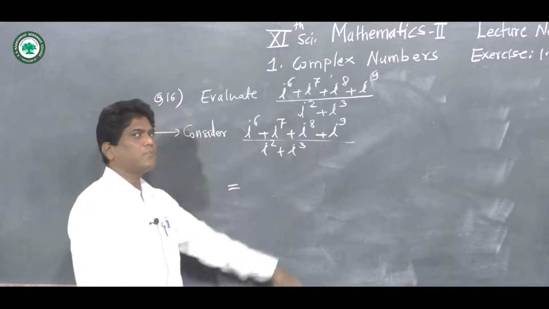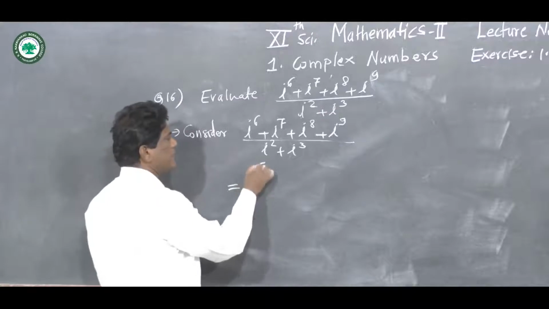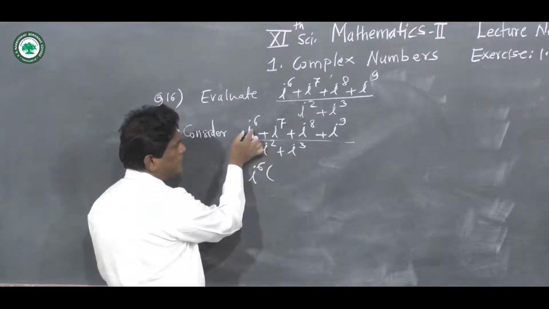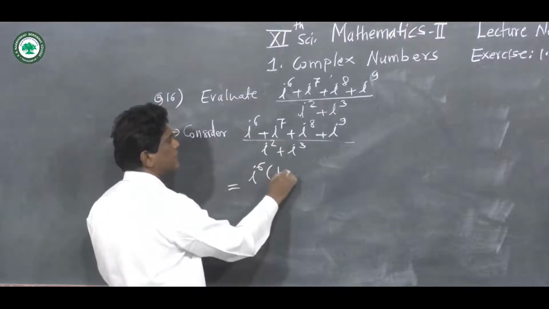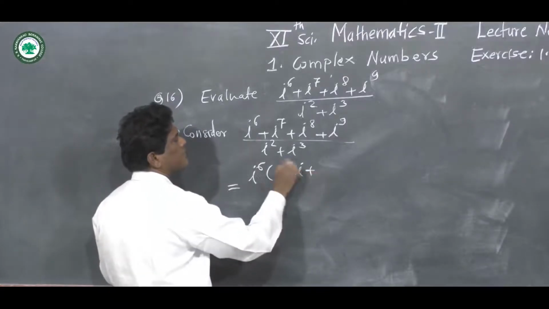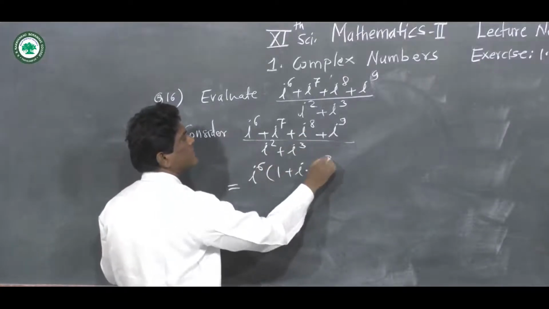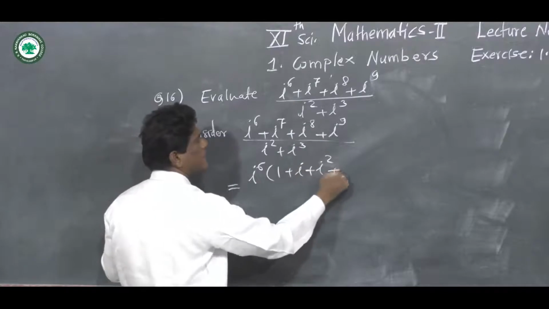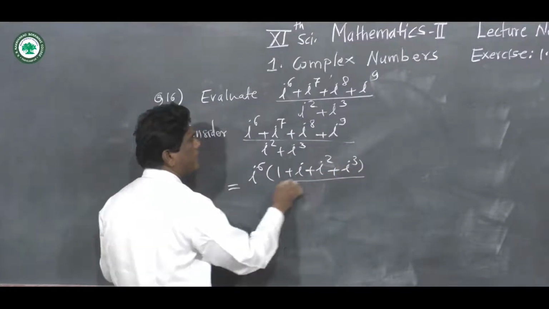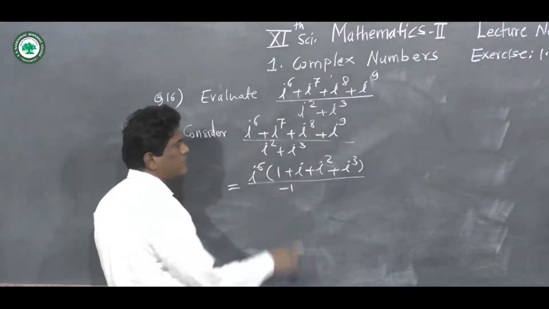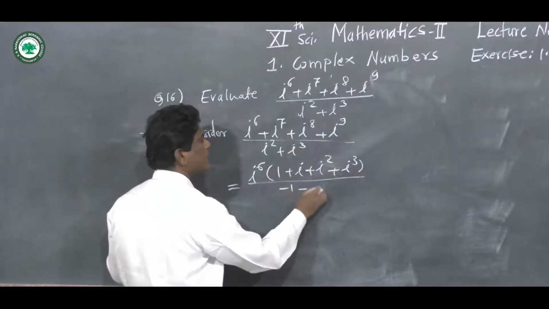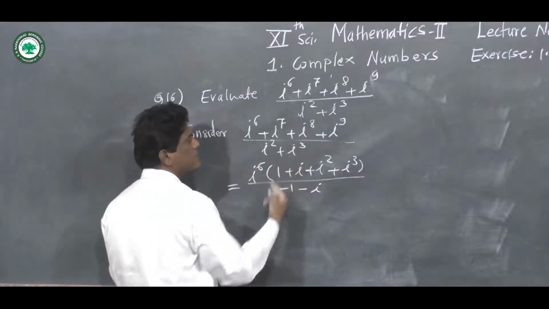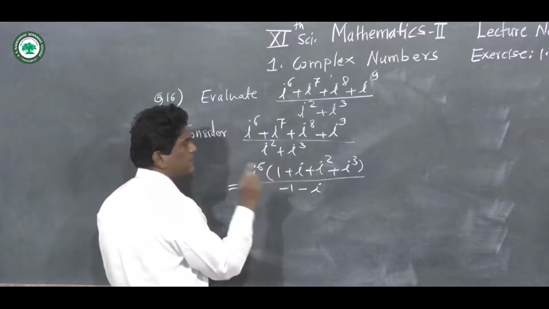So we take i to the power 6 common. Therefore we get i to the power 6 in the bracket. Here it remains 1. Here i, here 6 and 2 is 8, so i square. Here 6 and 3 is 9, so i cube. And divided by this i square is minus 1 and plus i cube is minus i, so plus minus becomes minus.